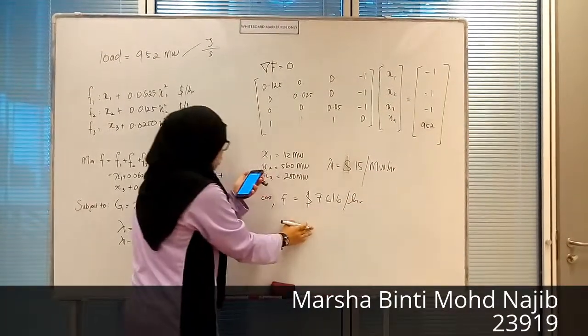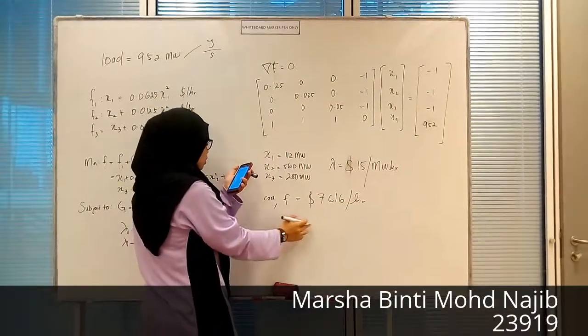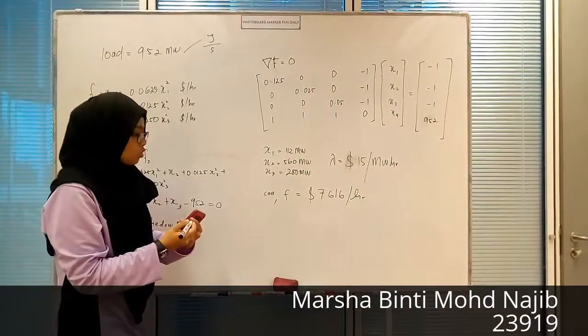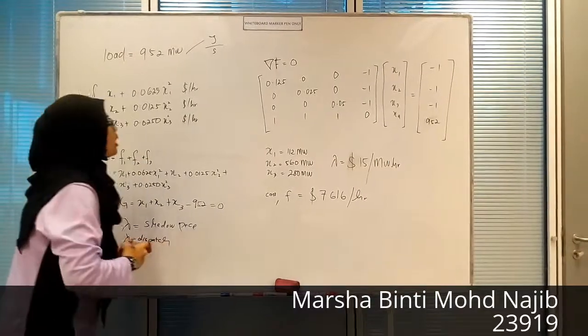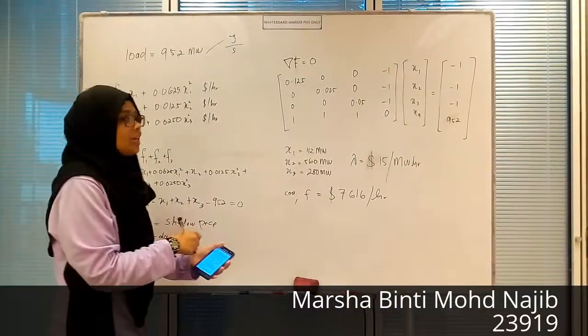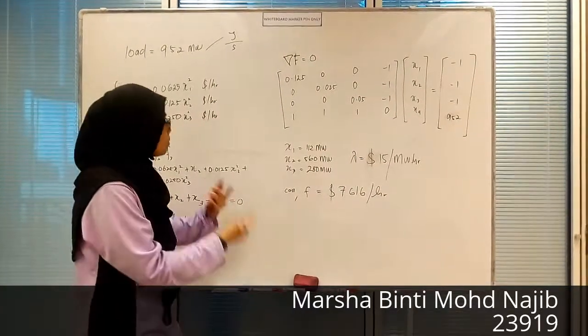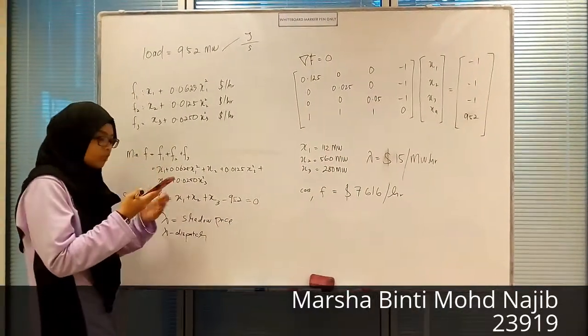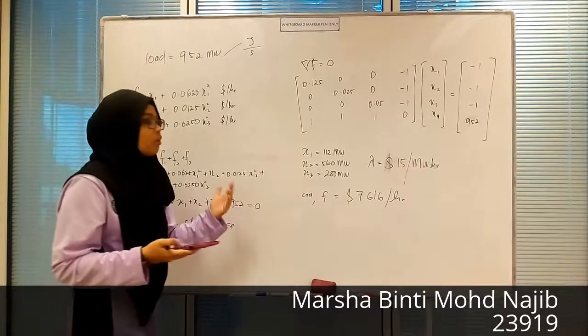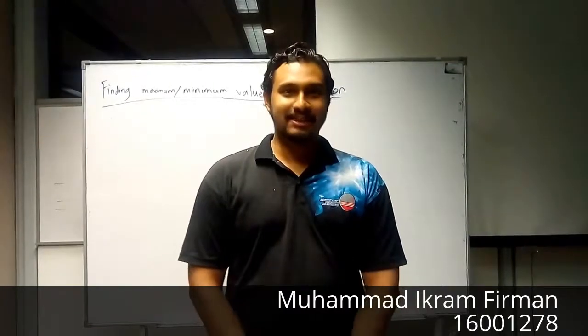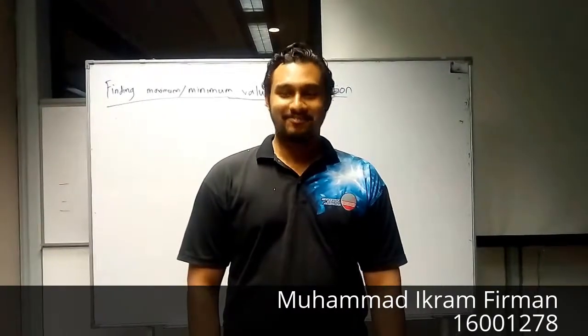This is the hourly cost of production. So by implementing the Lagrange multiplier, we can minimize the function. We can minimize the hourly cost of production for any company. Now we are going to use the Lagrange multiplier to solve an example.